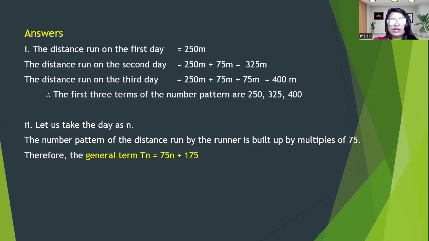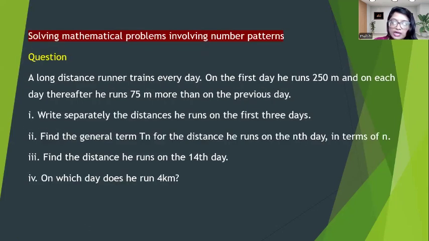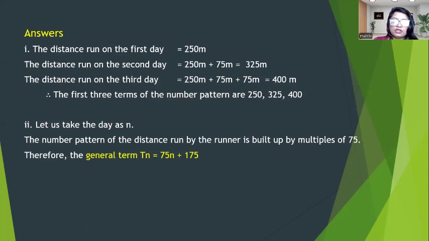Then the second day, he ran 75 meters more than the previous day, which means you can add 250 to 75 meters. Therefore, on the second day, he ran 325 meters, right? On the third day, he ran 75 meters more than on his second day. Second day, he ran 325 meters.